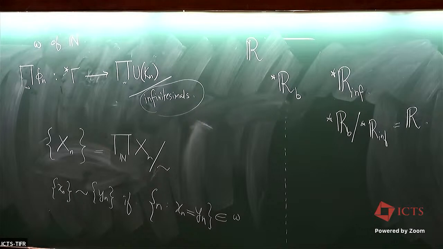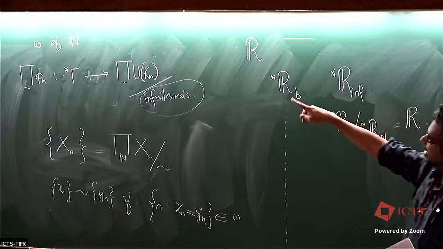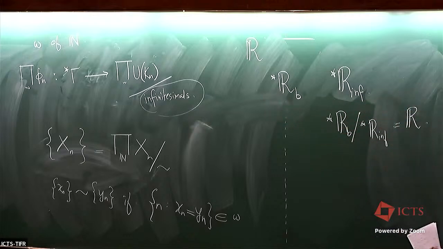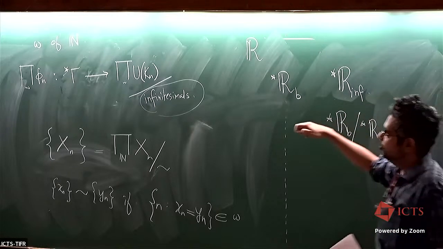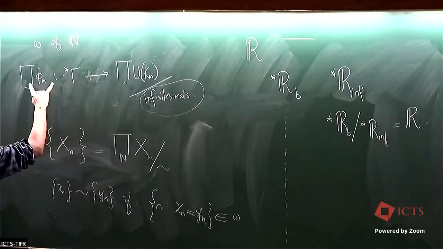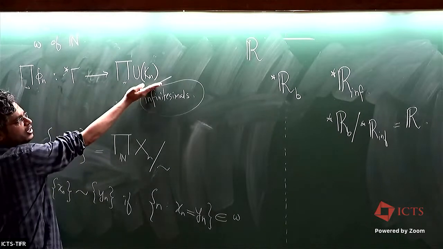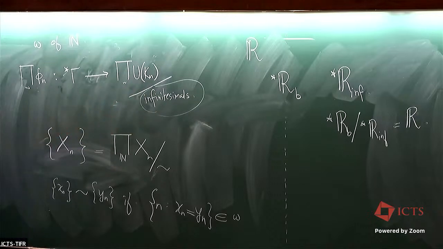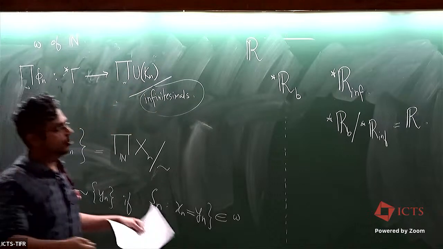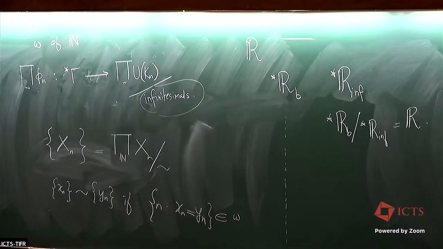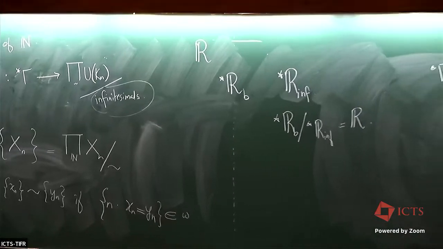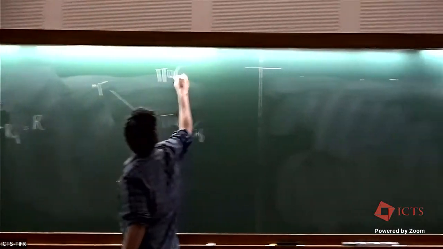What I'm doing here, writing it this way, allows me to see that the question of stability actually looks like a lifting problem, because now you have an almost or asymptotic homomorphism here. You quotient out the infinitesimals, and this actually becomes a true homomorphism, right? So the question of stability is just a kind of lifting problem: whether you have this map from star gamma to this object, can I lift it all the way to this?